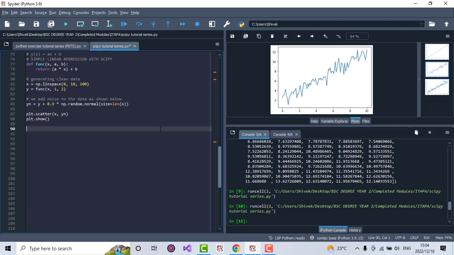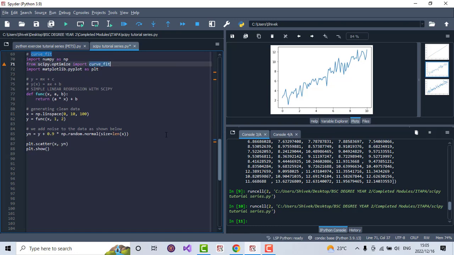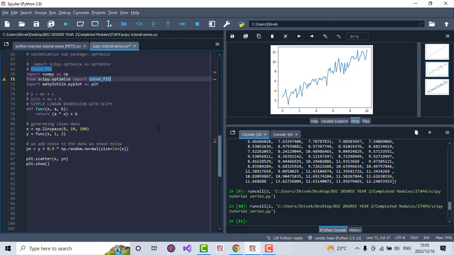So what I'd like to do now is, you see, the curve fit function, the most important one of this tutorial itself. It will allow us to fit a curve to data points. What this means is that given some data points without an equation, the curve fit function will attempt to find an equation that fits the data points.